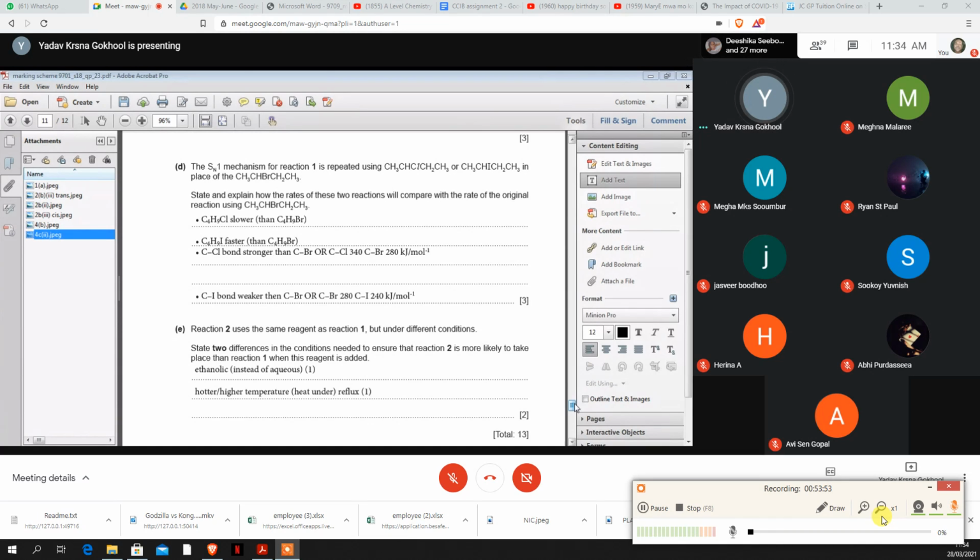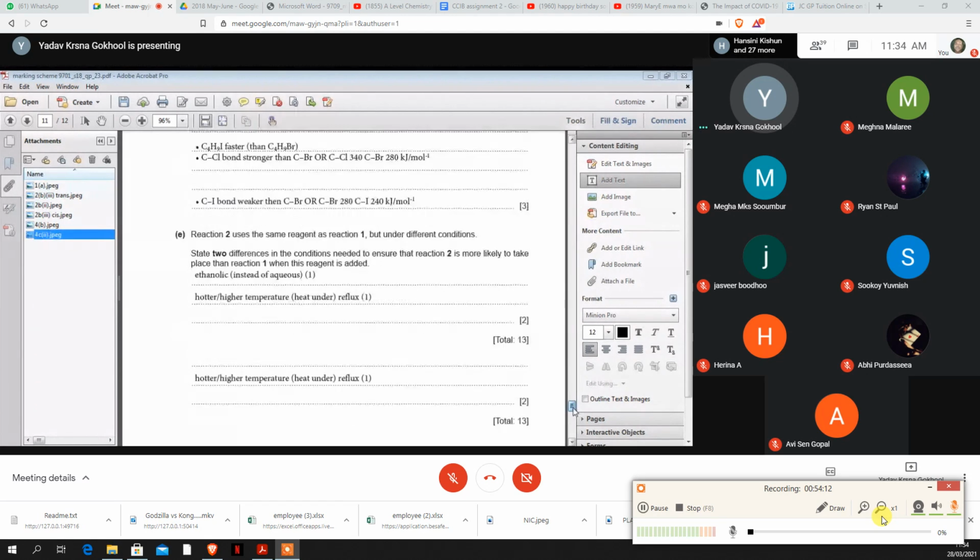Why is that so? It is with respect to the bond, the C–X bond. Okay, so here you can see that C–Cl is 340, C–Br 280, but C–I is 240. So C–I breaks more easily.